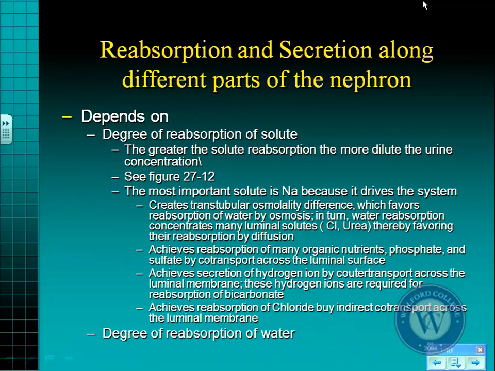So it has a double effect. You achieve reabsorption of many organic nutrients, phosphate, and sulfate by cotransport across the luminal surface, and secretion of hydrogen ion by a countertransport system, where you begin to waste hydrogen ions into the urine, which is what you want to do.